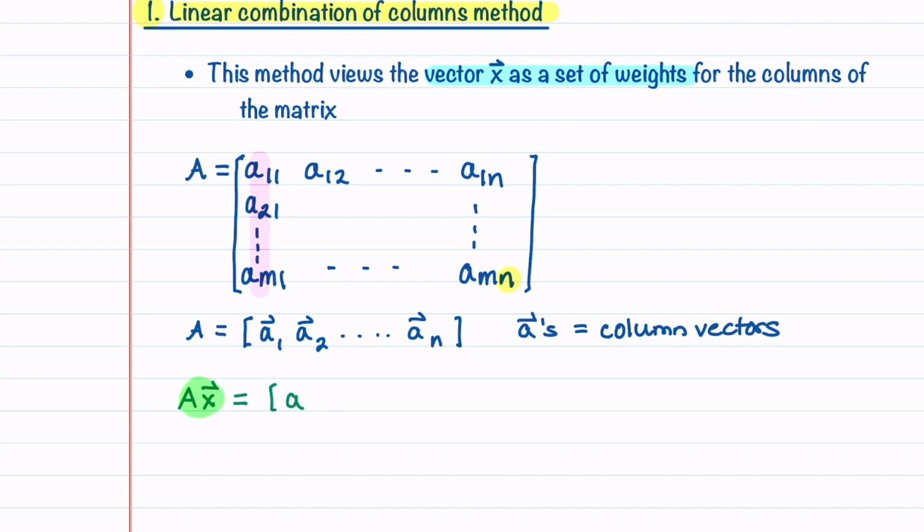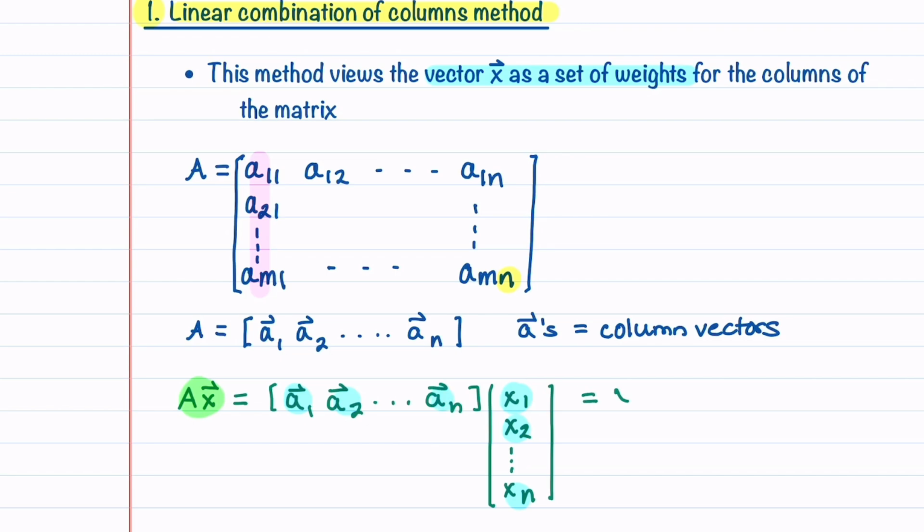We have our A, which is our column vectors A1, A2, all the way up through An, and we're going to multiply this by our entries in x, and those are x1, x2, all the way down through xn. We'll multiply x1 times A1, and then x2 times A2, and then all the way down through xn times An.